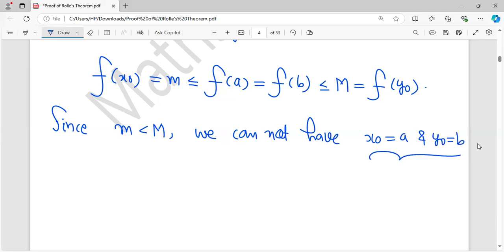So this case is not possible, because if it were possible, then small m and capital M would be equal, which is not possible. So this case is not possible means what? We cannot have x naught equal to a and y naught equal to b.